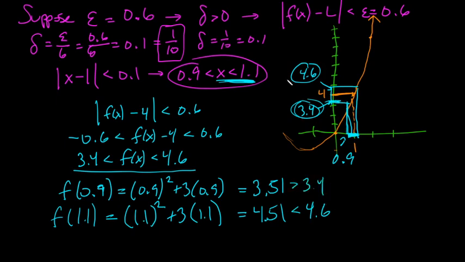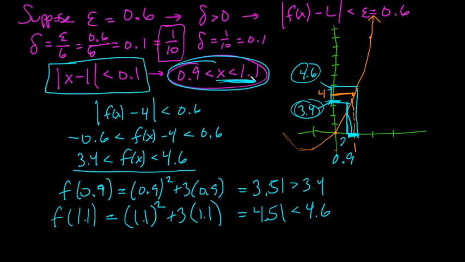So this condition here, that my x is between 0.9 and 1.1, that is with a delta value of 0.1. So I'm 0.1 away from 1. Then that's going to guarantee that my f of x will be no further away from 4 than 0.6.